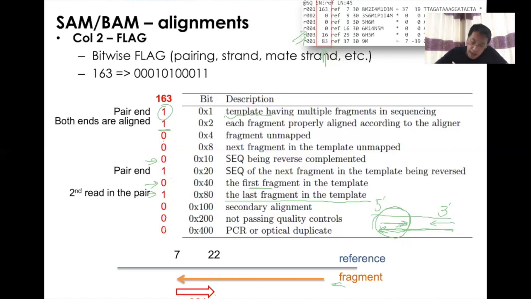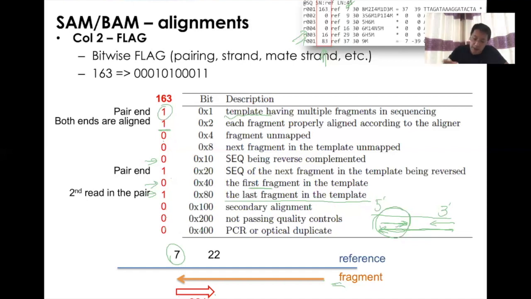And then if you look at the location of this, it's starting from nucleotide position number 7. So this 163, just one number, this is what it tells us. This is very, very compact information; this number contains a lot of information.